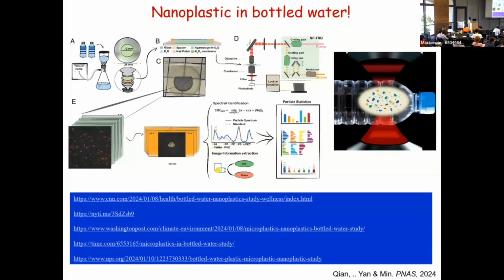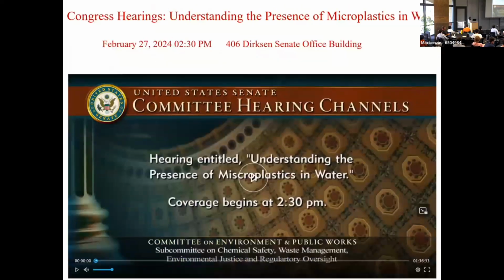It is not just the plastic packaging that's releasing the particles. We're detecting plastic particle types way beyond the pure packaging material. And it has even been brought up at a congressional hearing as a potentially useful technique to help people evaluate the prevalence and the consequences of nanoplastic contamination.